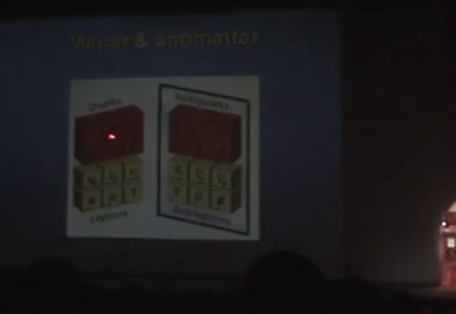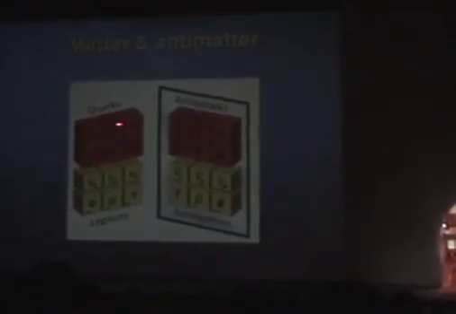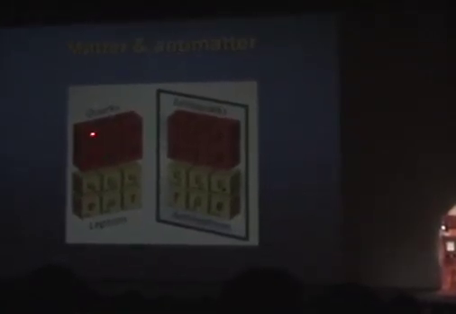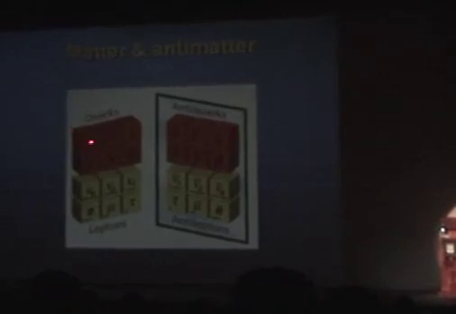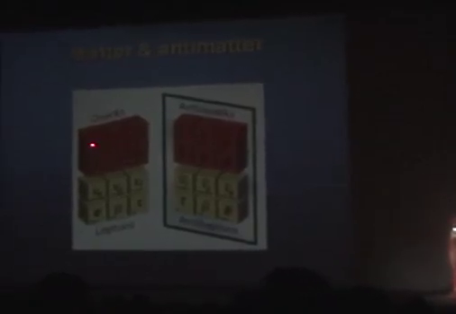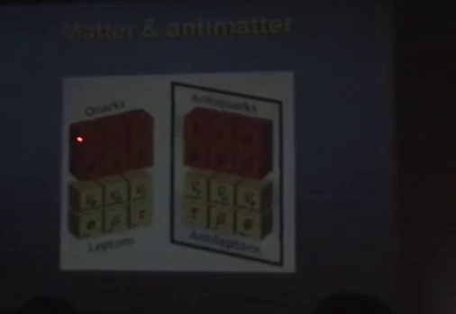the basic particles. And one thing that was discovered long ago is that every particle has a partner in nature, and this partner has all the same properties as the particle itself.